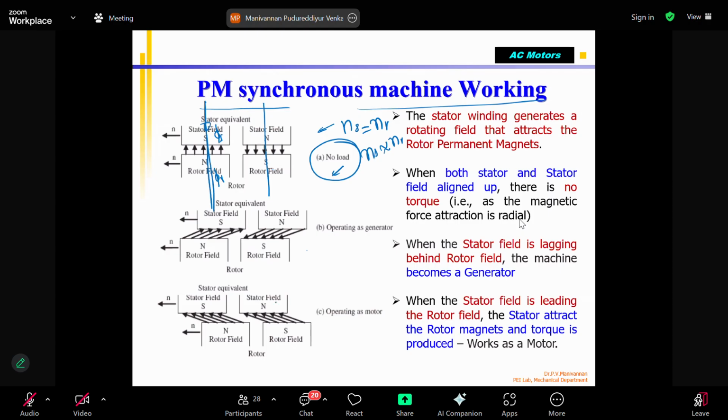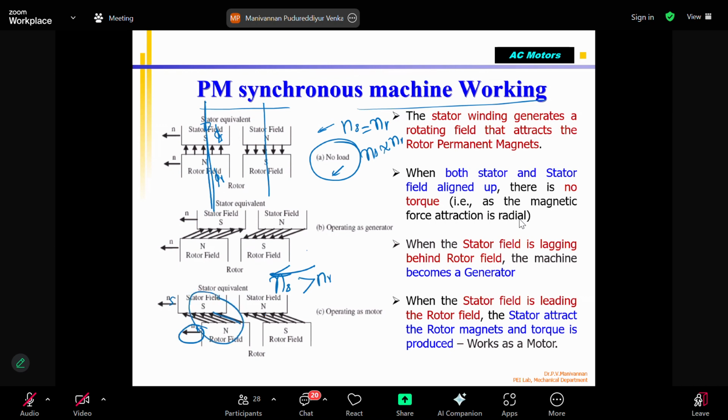Now, if you start loading the rotor, correct? Apply load, you can see that this is NS. NS is moving forward. NR is trying to catch up. This is NR, this is NS. So, the rotating magnetic field is higher. That means NS is greater than NR. That means you can see that the rotor is trying to catch up. The magnetic flux will be linked.